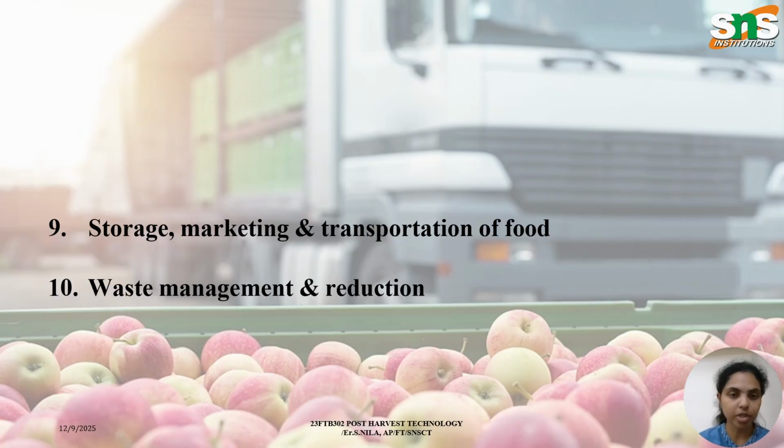So the last two principles are storage, marketing, and transportation of food, and waste management and reduction. By storage, marketing, and transportation, it will minimize the waste through proper handling, like temperature control, covering, and smart logistics like tracking and optimization, and also strategic promotions like demand matching.